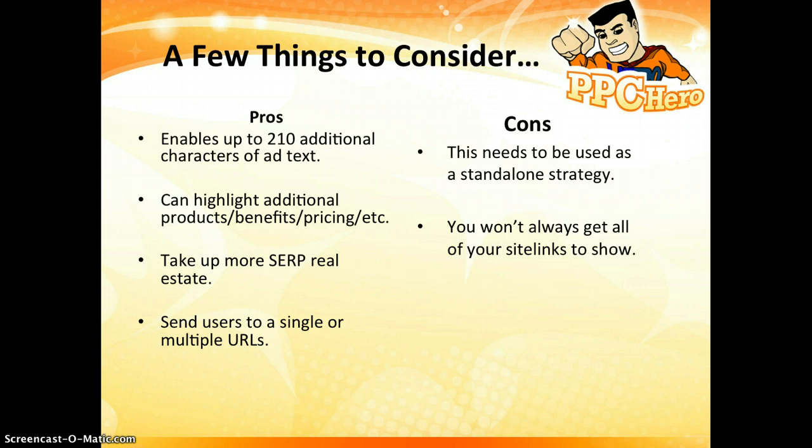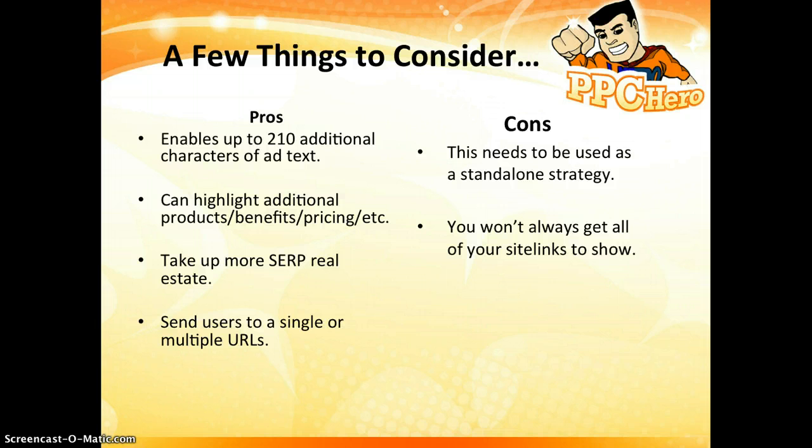Secondly, you won't always get all of your site links to show. Now, I say this because you're able to enter up to 10 in the Google interface. However, you can expect your ads to show with anywhere from 2 to 6 site links underneath your ads.